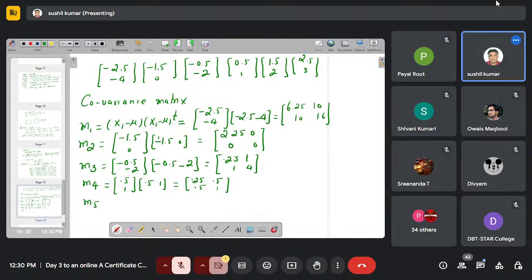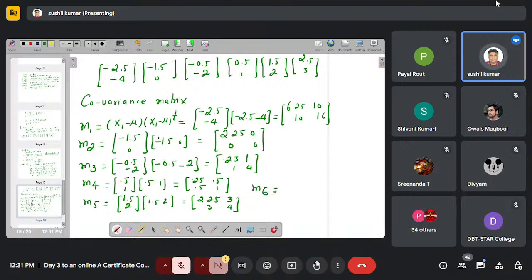Okay, m5 will be 1.5, 2, and 1.5 and 2. So it will also give you 2.25, 3, 3, 4.